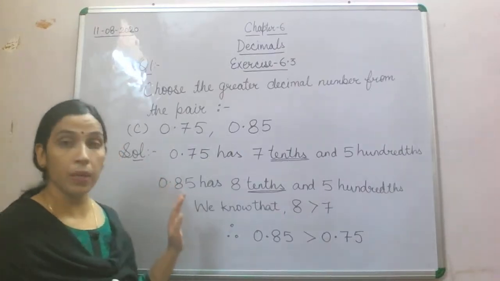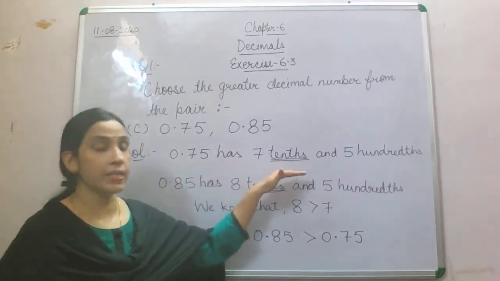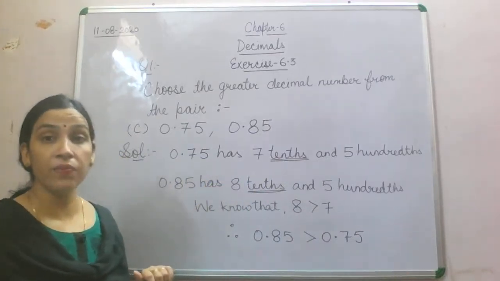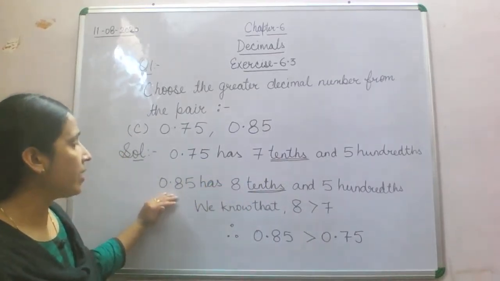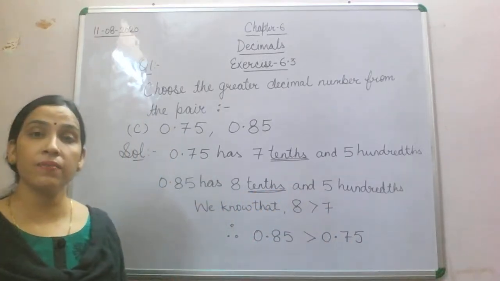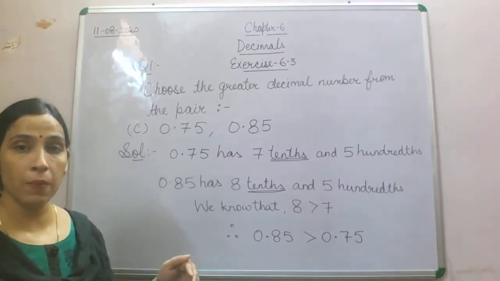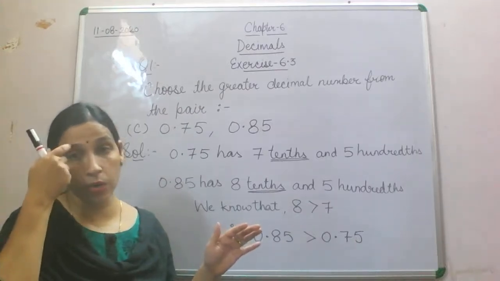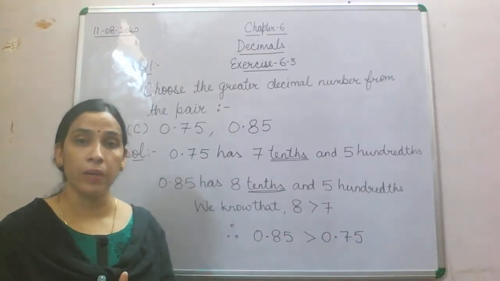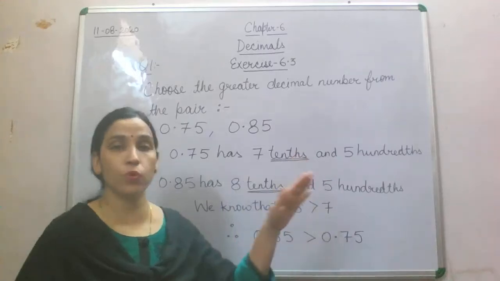Now 0.75 has 7 tenths and 5 hundredths, and 0.85 has 8 tenths and 5 hundredths. In decimal place value also, we first compare the first digit of the decimal place, and if we find that the first place value is the same, then we compare the second one. But if we find our answer on the first decimal place, then we will not move to the second.